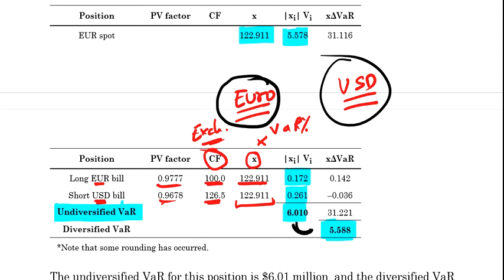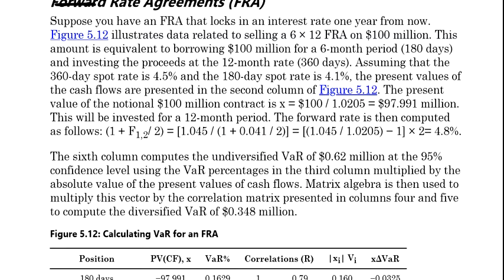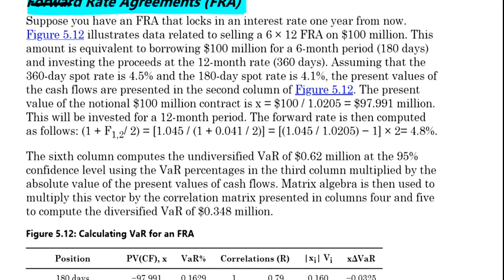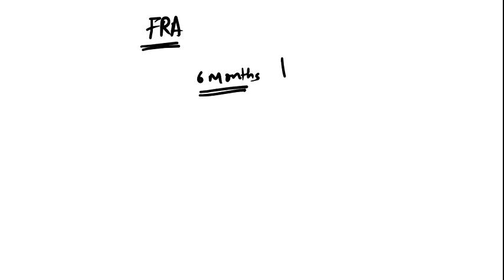Clear? So first of all, I am assuming that you don't know what a forward rate agreement is, so it's better that I first explain what a forward rate agreement is. That is FRA. Suppose after 6 months, you feel that the interest rate will rise.